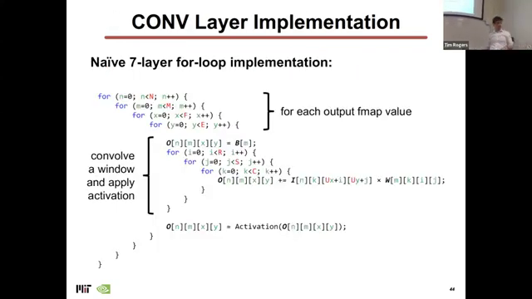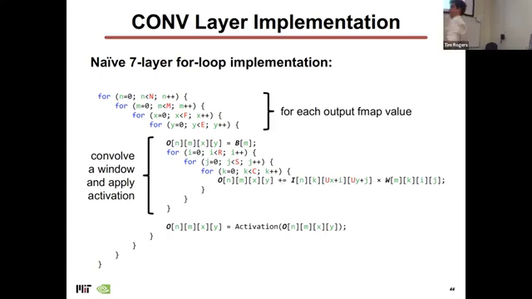The code looks like this. You can express it in code as a super embarrassingly parallel septuply nested loop. You've got many different dimensions that you're iterating over. At the core of it, you're performing a multiplication and an add and storing the result in the output matrix.